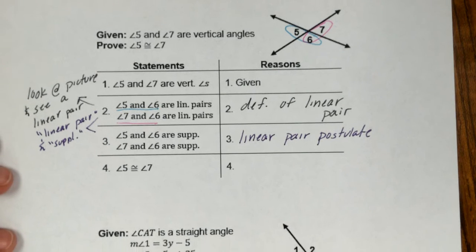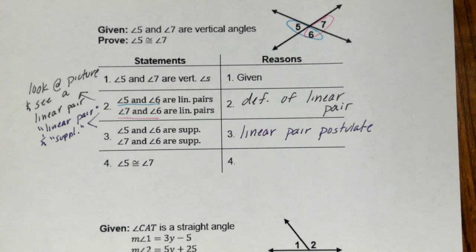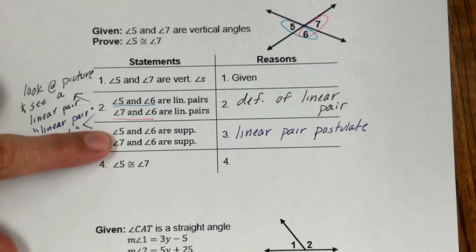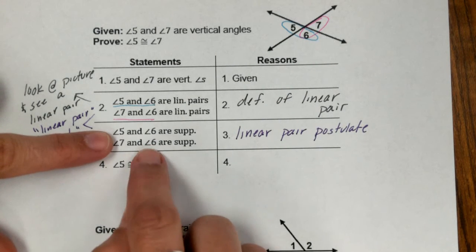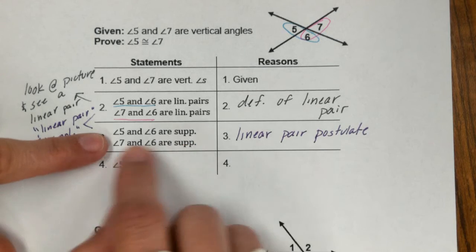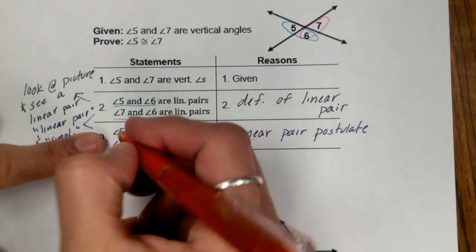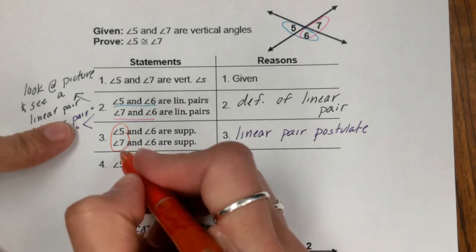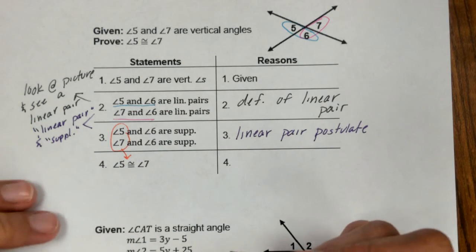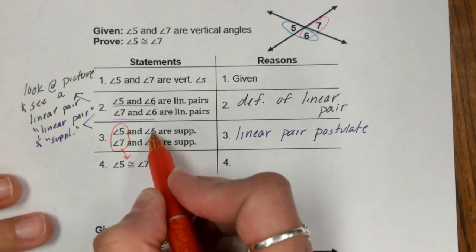Our last step here is going to be, we have these angles that are supplementary. We have two different sets of angles here. Okay, they're supplementary. And what we've done here is we notice angle 5 and angle 7 came down here to say that they were congruent. You notice how angle 6 is the same on both of these.